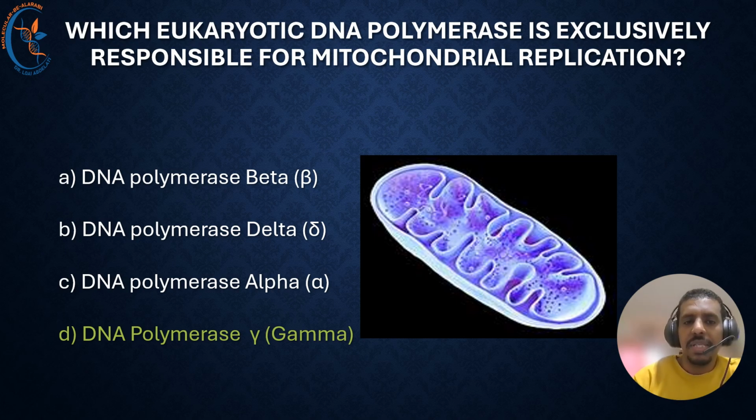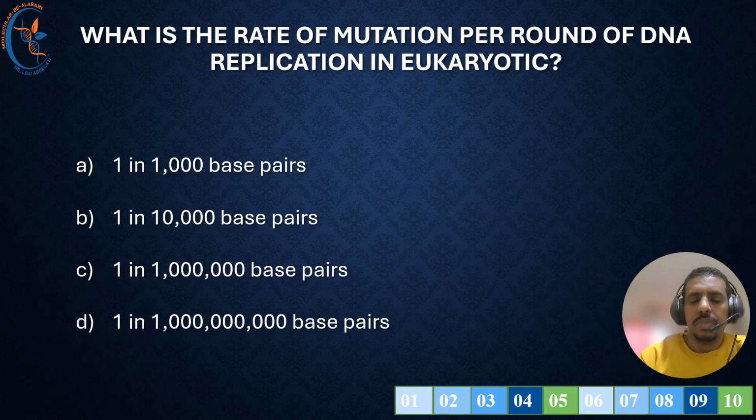Gamma, alright? This enzyme is found in the mitochondria and plays a crucial role in both replication and repair of mitochondrial DNA. Alright? So let's move on. The question is, what is the rate of mutation per round of DNA replication in eukaryotes?